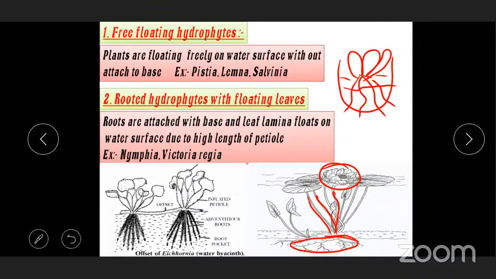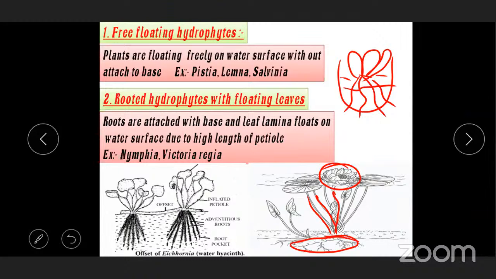Nymphaea and Victoria regia. Commonly, the floating leaves are large in size. Victoria regia has one specialty: it has the largest leaf in the world. This is important for your GK.